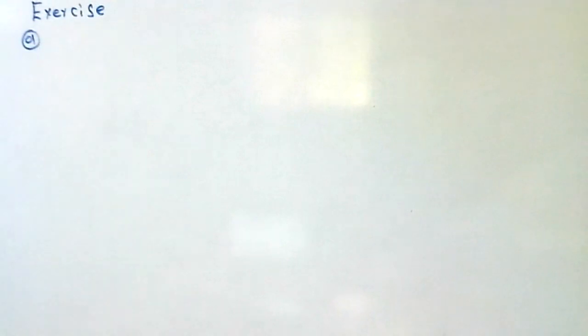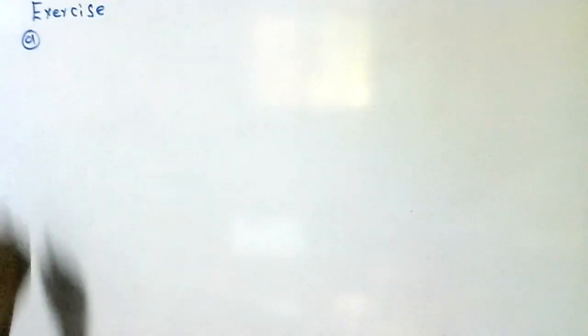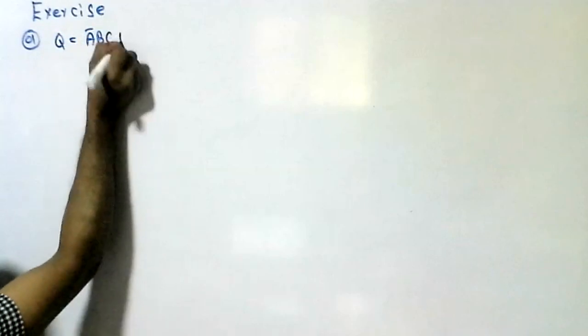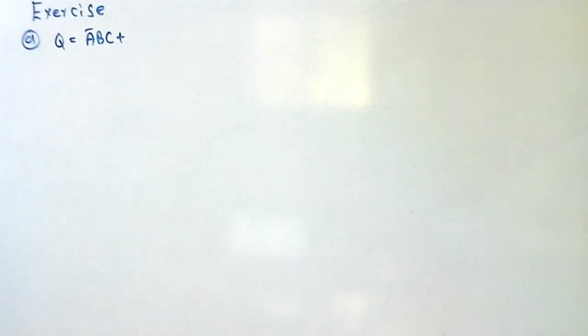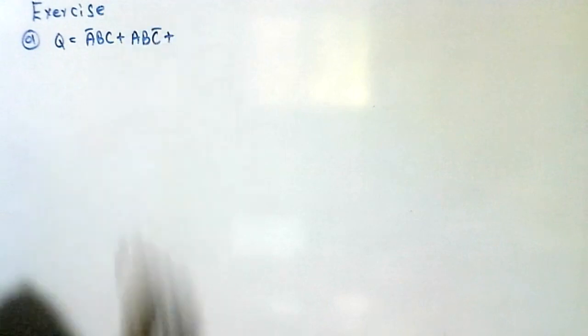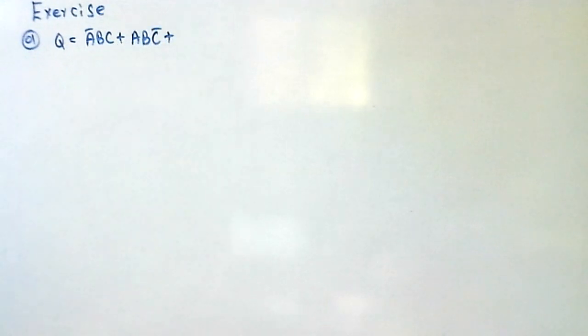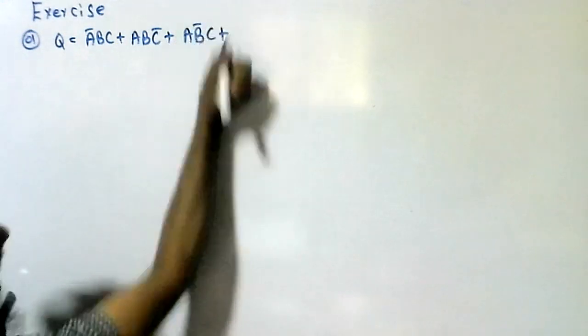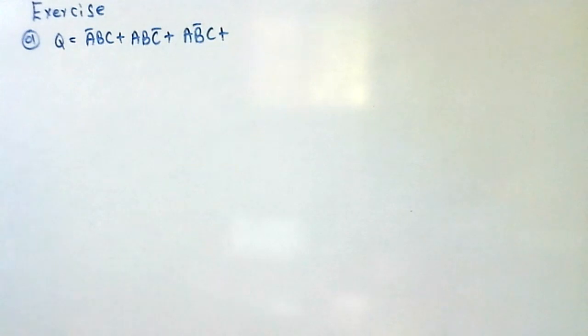First one, Q equals A bar BC plus ABC bar plus AB bar C plus A bar BC bar.